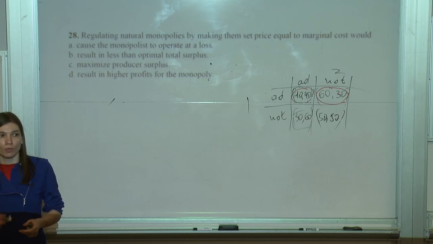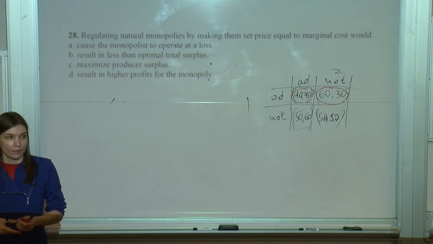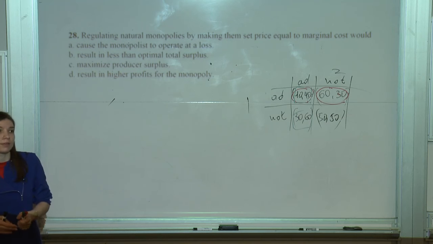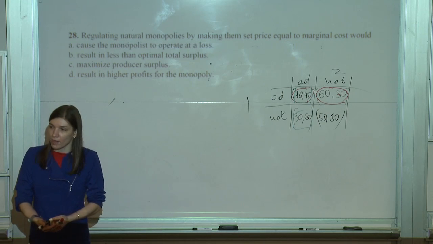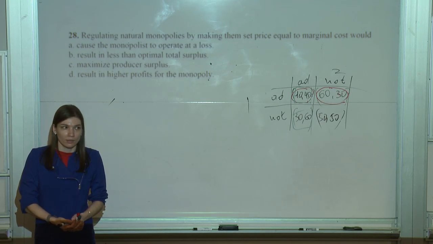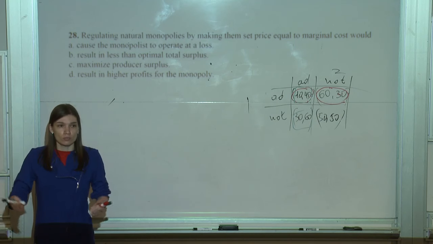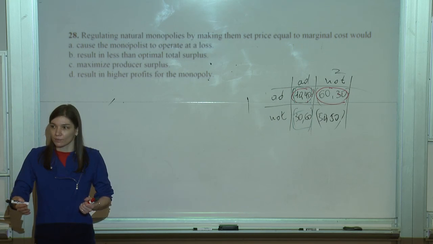A natural monopoly with higher profits? What's the main characteristic of a natural monopoly in terms of its costs? There's a lot of fixed costs, but what does that imply? Let's think of it this way.